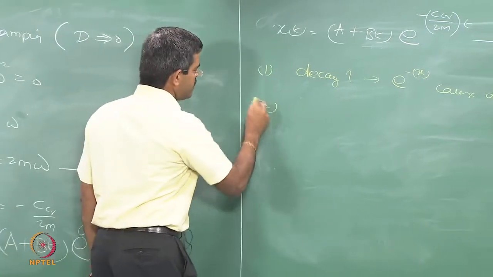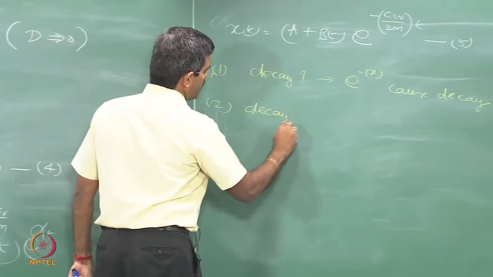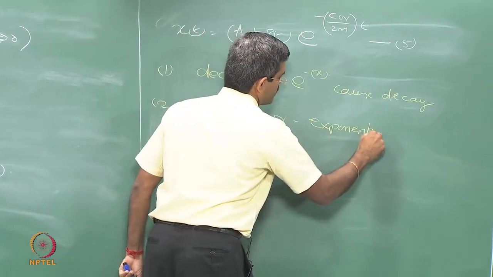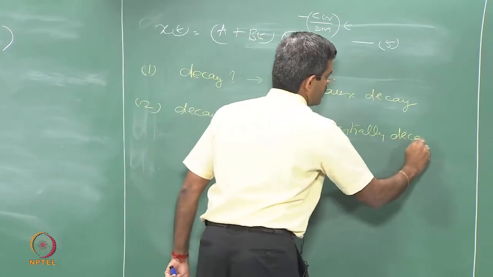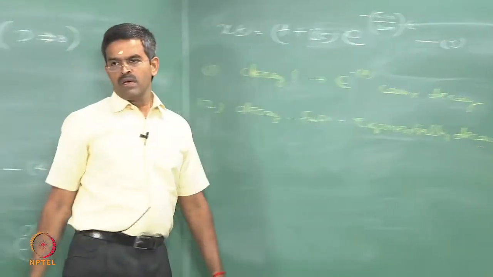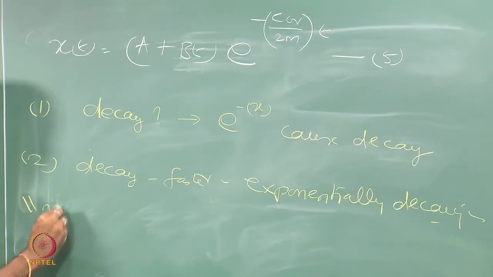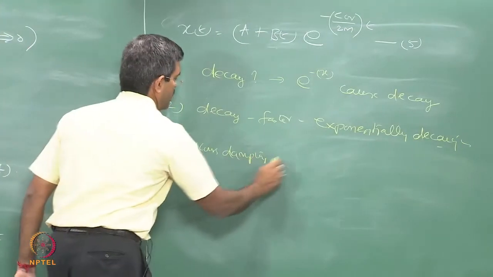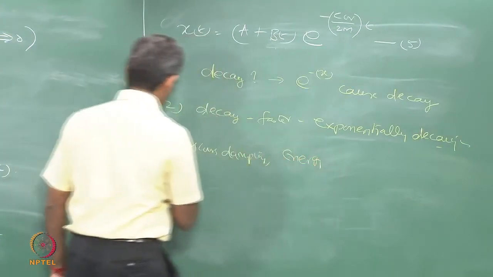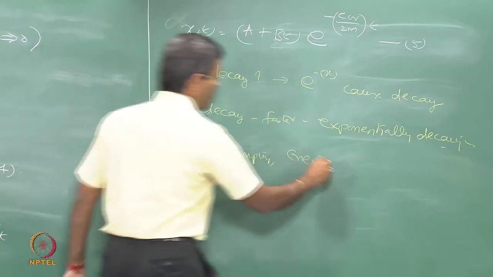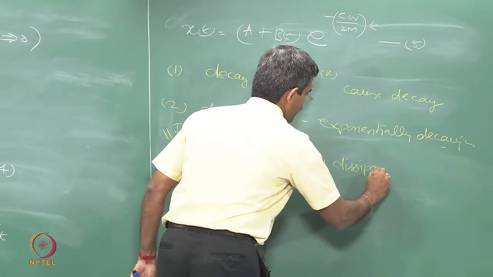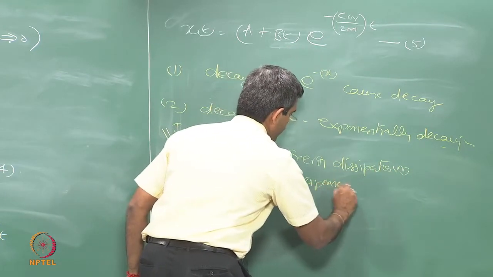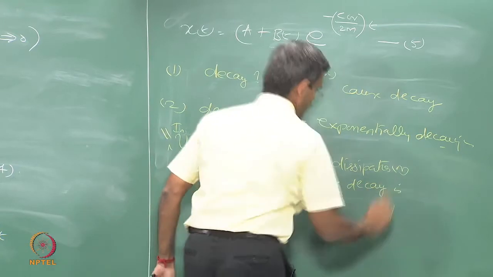The second observation is this decay will be faster because it is exponentially decaying. So, the observation is if you use viscous damping, energy dissipation or response decay is exponential.